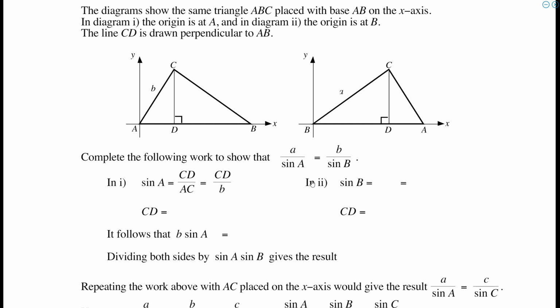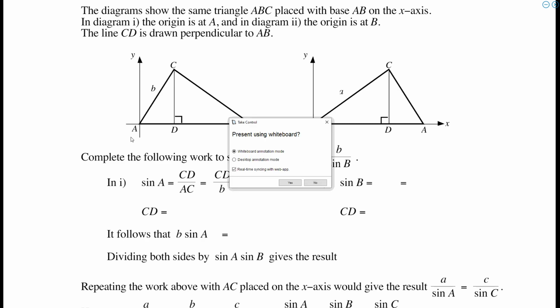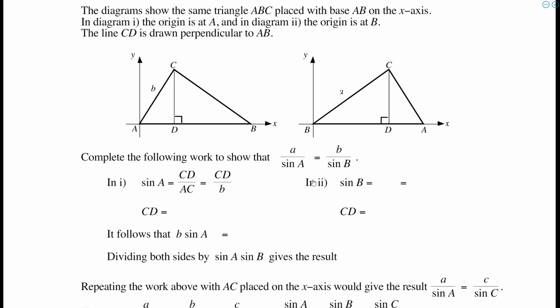And if AC in our new notation is B, we could say sine A is equal to CD over B. So then CD would be equal to B times sine A.